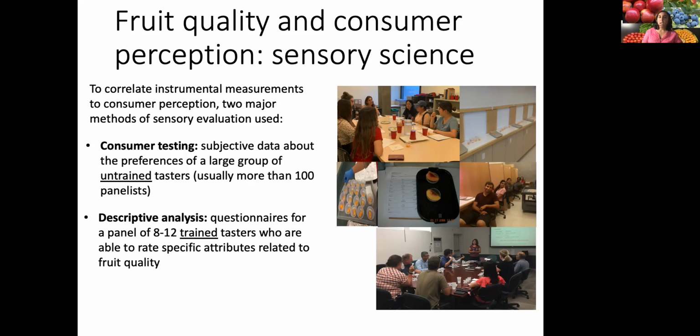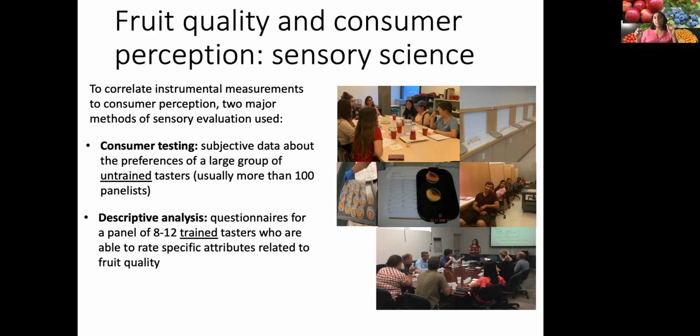And this is what you see in these pictures here. We have discussion sessions 3 to 4 weeks before they are going to try the actual samples that we want to evaluate, where we all get into an agreement for each one of the attributes that we are going to evaluate. What is really the scale?